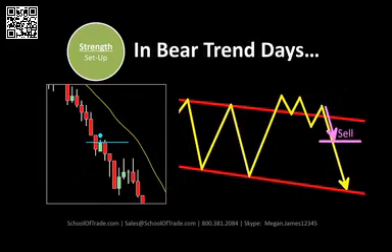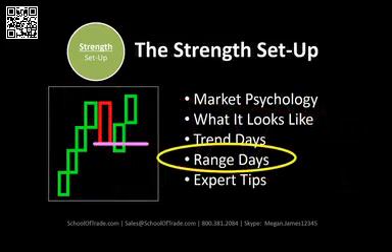And the opposite is true for a bear trending day. I want to sell this strength setup as close to the high of the channel as I can. And this usually happens when the bulls have been trying to run the market higher. But when they fail off the top of this bear channel, price quickly comes collapsing back down to retest the low of that channel.